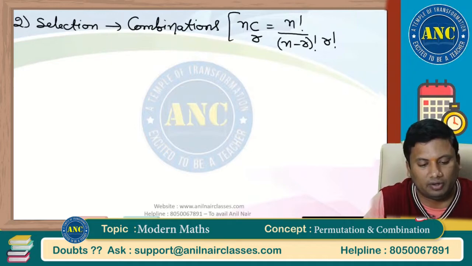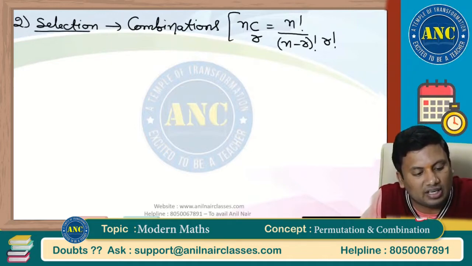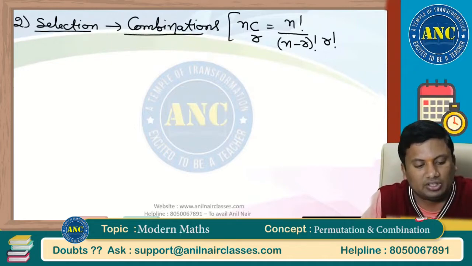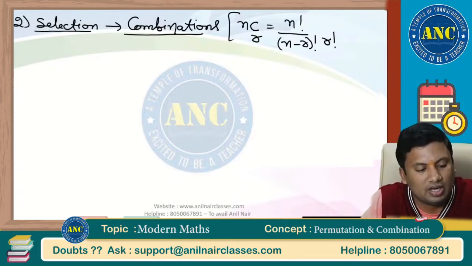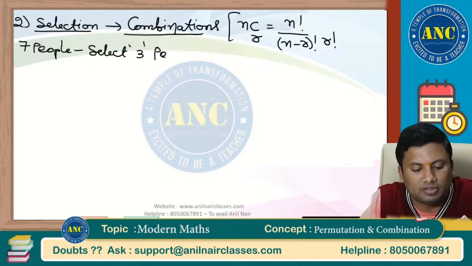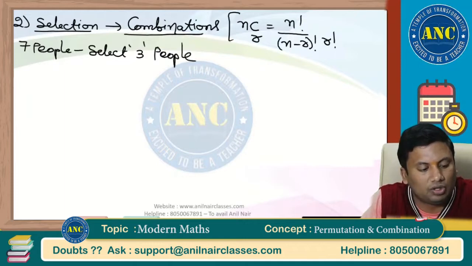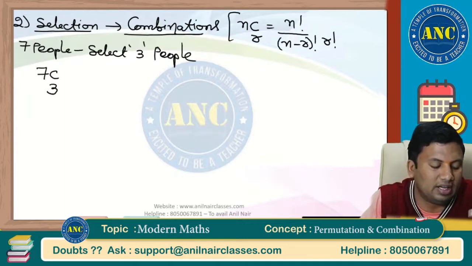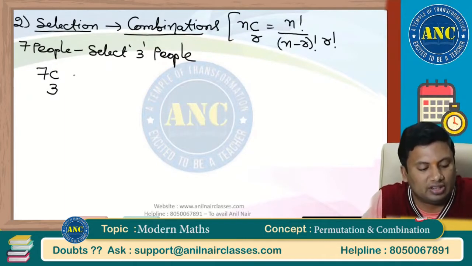Suppose out of 7 people, based on the marks, I am selecting 3 people. Out of 7, selecting any 3, which is nothing but 7C3.